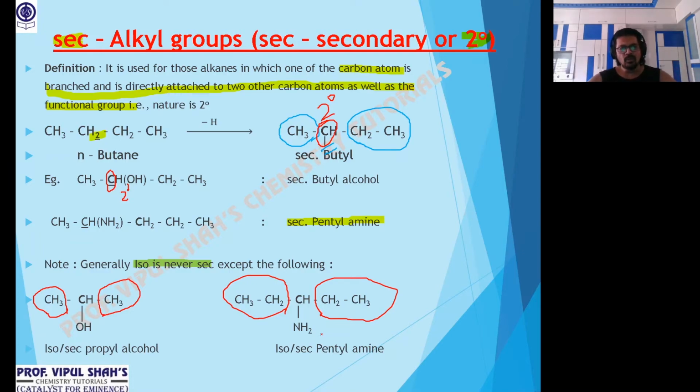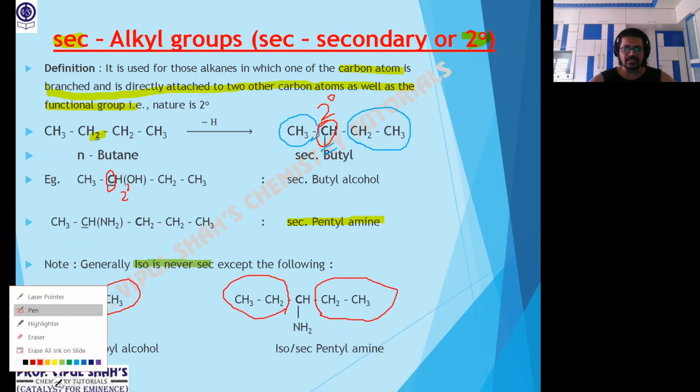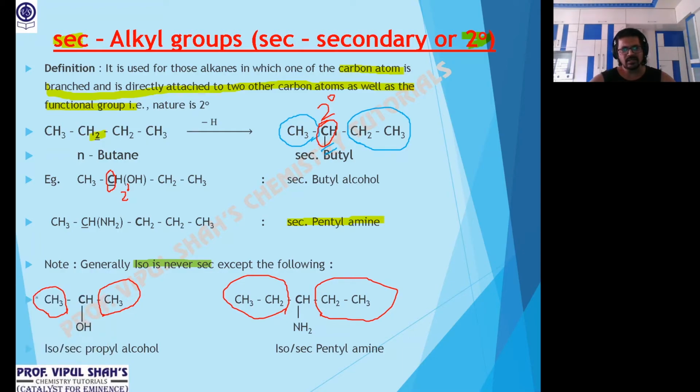Now, are both giving the definition of sec? Answer is yes. Let's see how. This carbon, can I say it's attached to two other carbons, one here, as well as it's attached to the functional group? Yes. In other words, the nature of this carbon is 2 degree. Same way come to this.